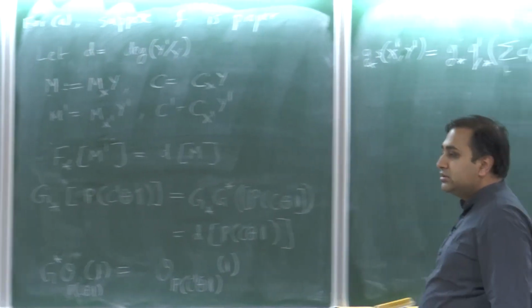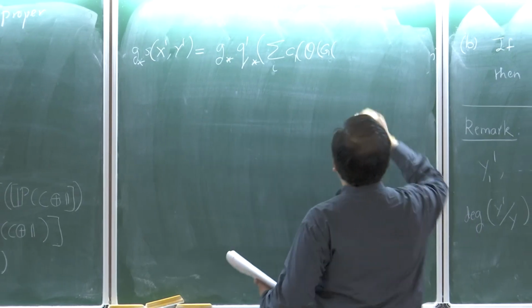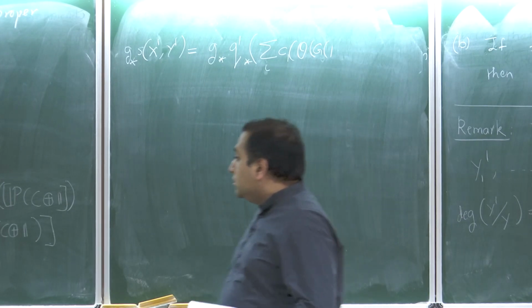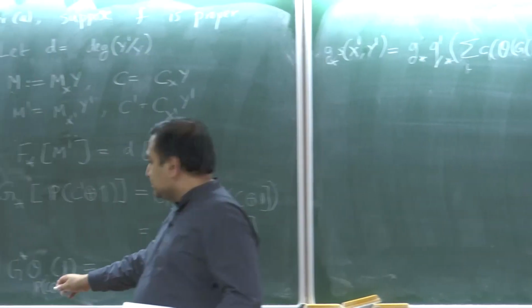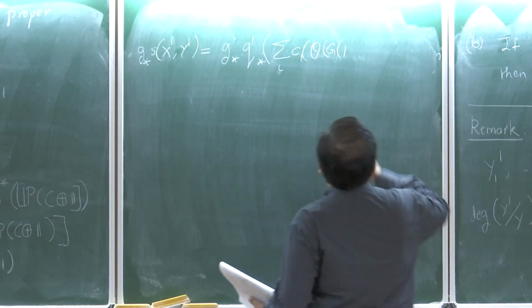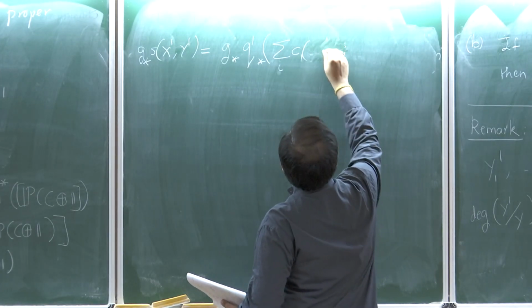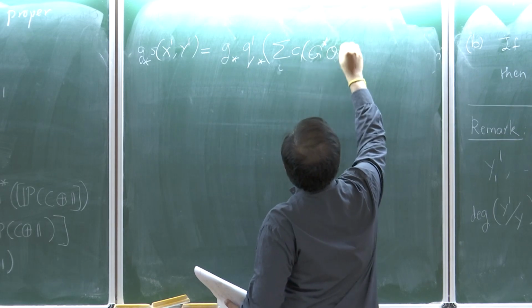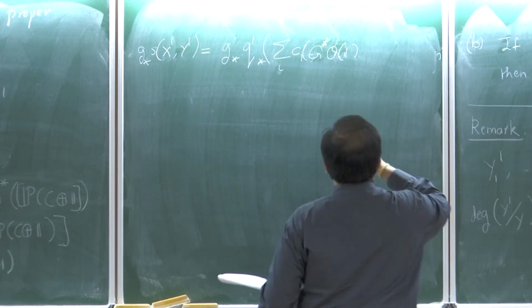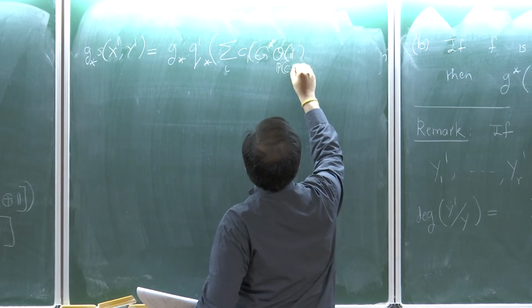So that's what I have here. This is just the pullback of the line bundle. So G upper star of 1.